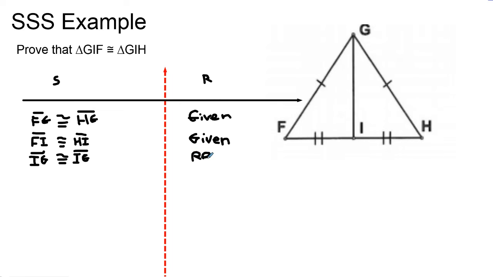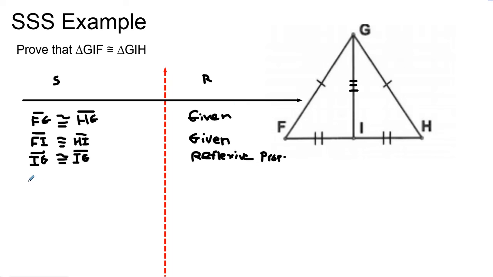Give me a little bit to write out the word reflexive here. Reflexive property. So that means I can make one, two, three congruent markings here. And with that, I have proven that all three pairs of sides are congruent.